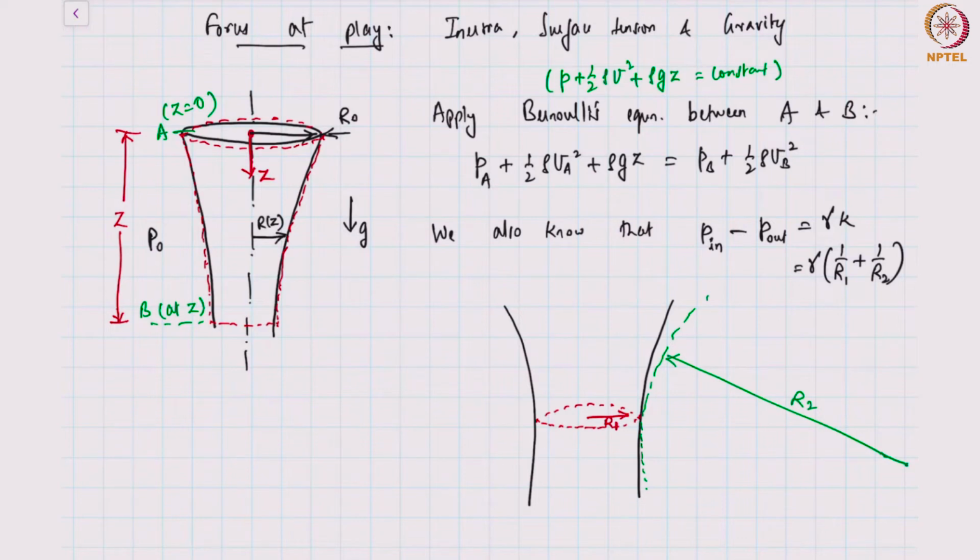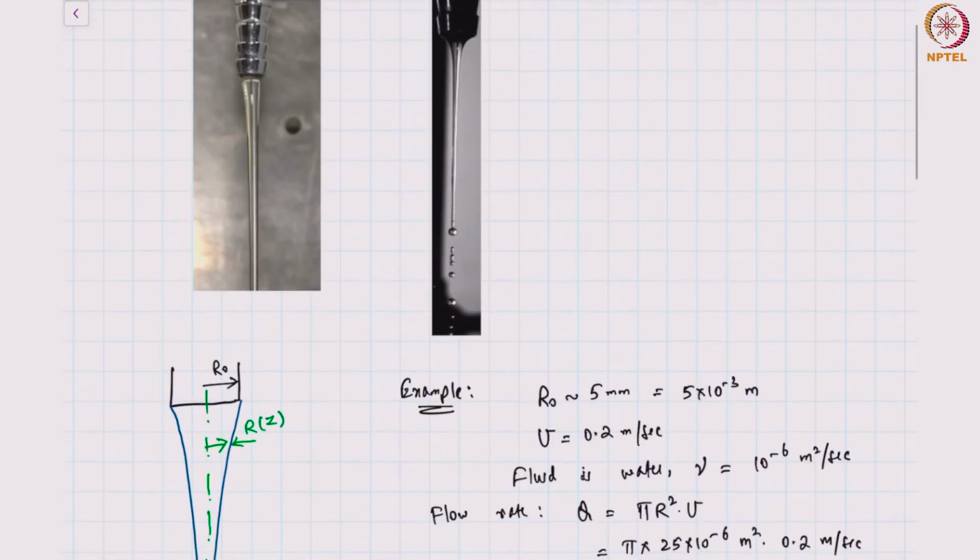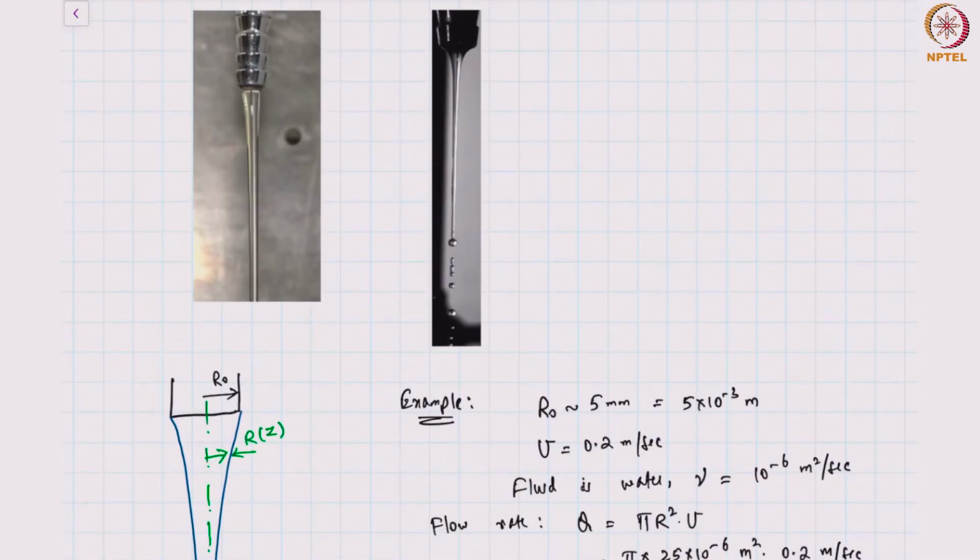That's the radius of curvature I'm showing you. Therefore, you have two radii of curvature, but they are on different sides. Typically, R2 is much larger than R1, and that's also evident in this image. You can see that the radius of the jet itself is very thin compared to the outer radius of curvature, which determines how this jet is actually thinning down.